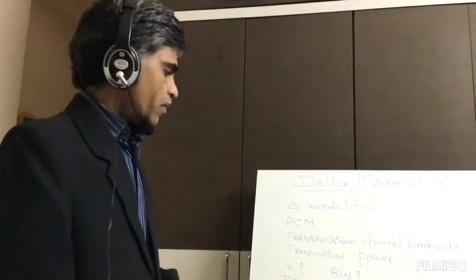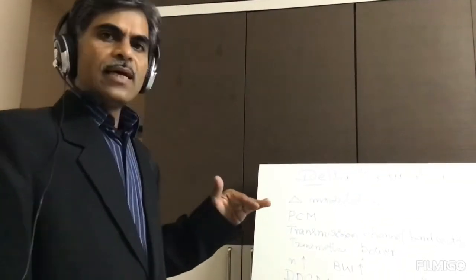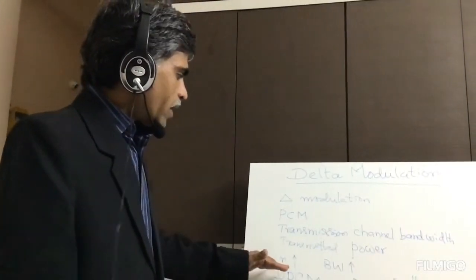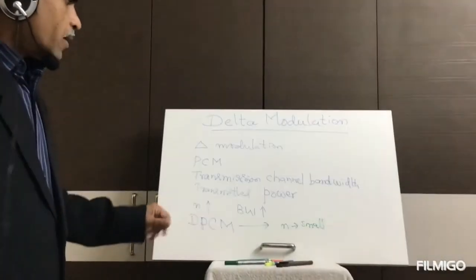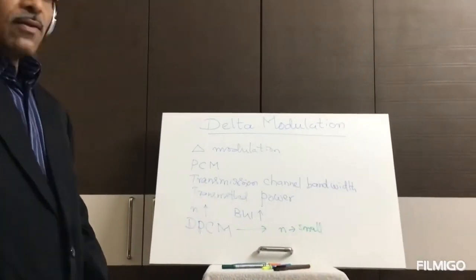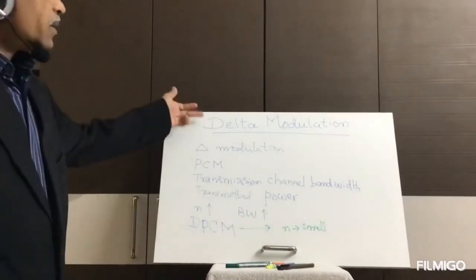That you should remember. So on the same lines, to reduce the bandwidth requirement further, or in other words, to improve the conservation of channel bandwidth further, we move from DPCM to delta modulation, where n becomes equal to 1.